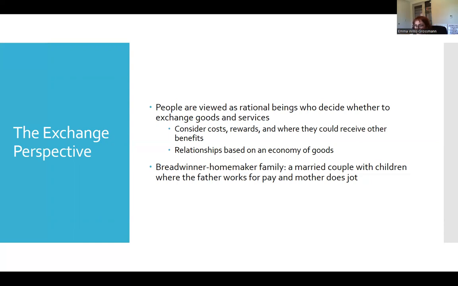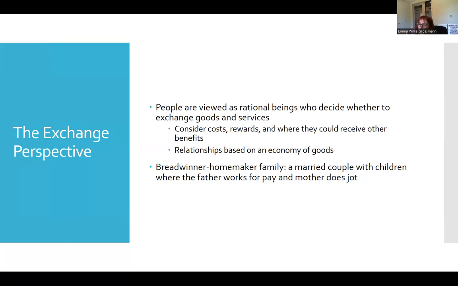In this context, the goods and services you would provide to a relationship could include your ability to cook, your stable job, your attractiveness, your social connections, basically anything that is beneficial to the relationship that you could add into that relationship. And before we enter into relationships, we consider the cost, rewards, and alternatives.